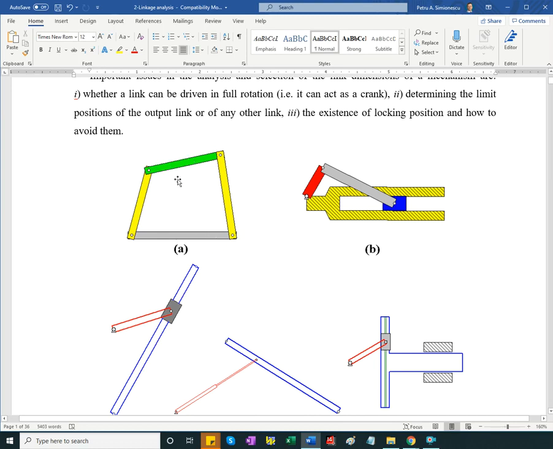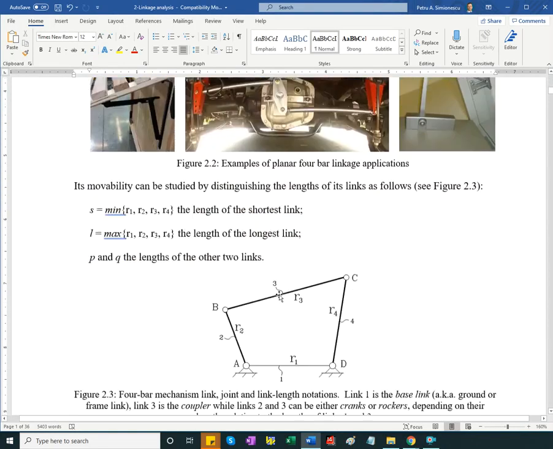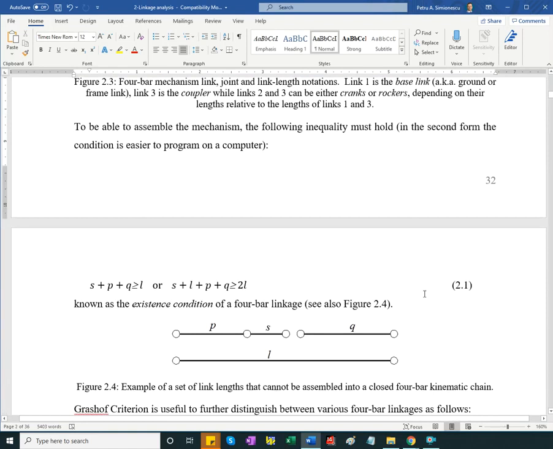But how long can it be and still be able to assemble? This is the question that we're asking first. It has to do with the triangle inequality, and the answer is that the longest link has to be less than, at most equal to, the sum of the other links.